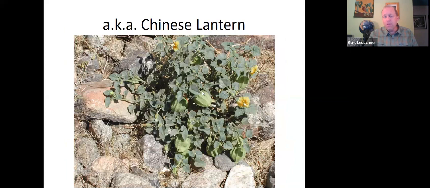So some books or people refer to this plant as Chinese lantern, because it has these little, I guess what looks like those Chinese lanterns that you light up and hang around your patio. And it likes to grow in and amongst the rocks, as you see here. So we'll be watching for that, especially on Sunday. Thick-leaved ground cherry. The family, again, is the tomato, potato, the nightshade family, Solanaceae.